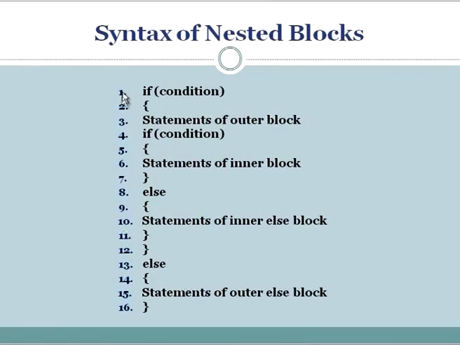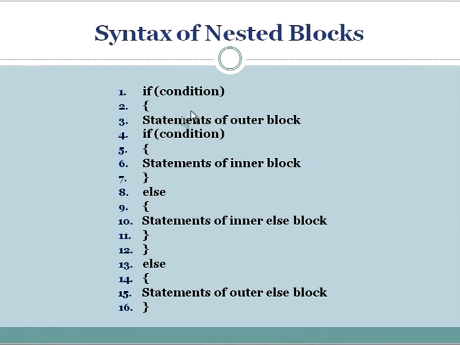The syntax for the nested decision control statement is shown on the computer screen. There is an if block. The if statement is followed by the condition. The body of the if statement starts at line number 2.